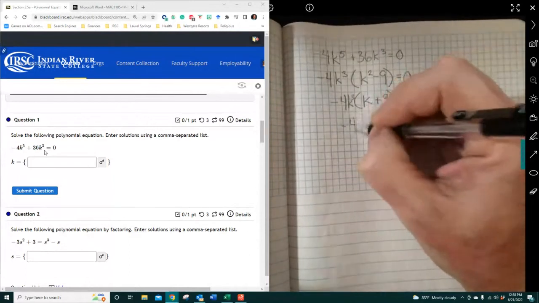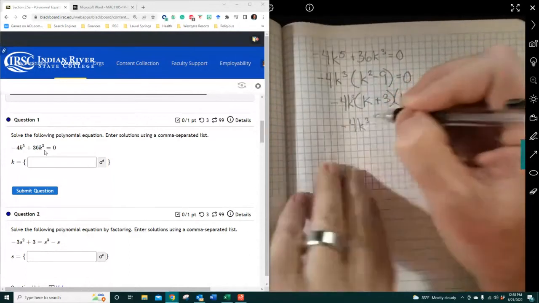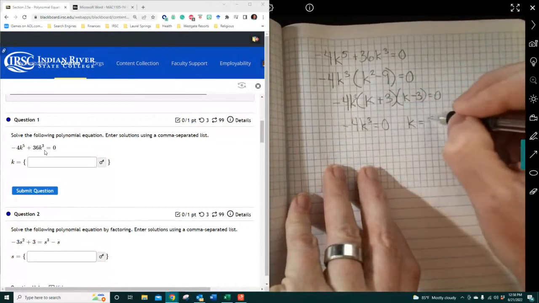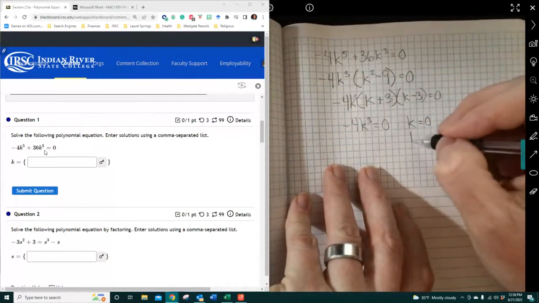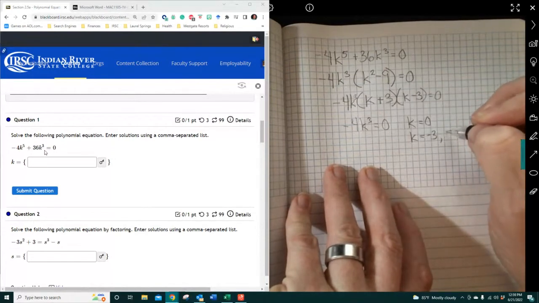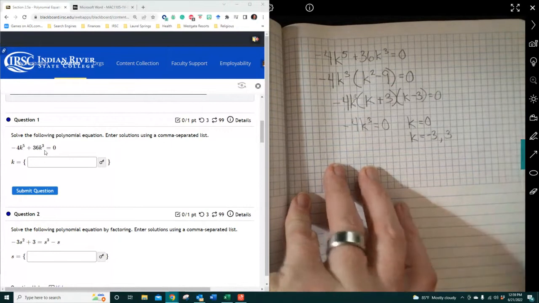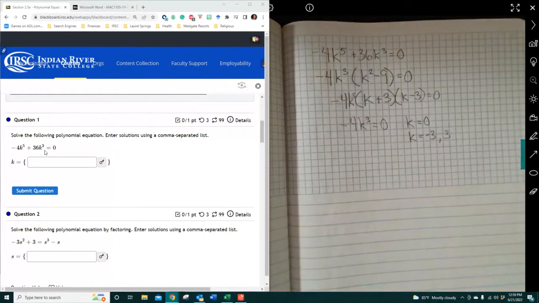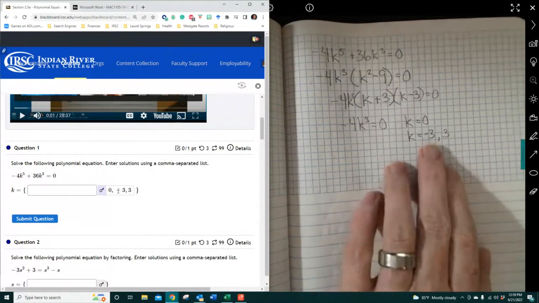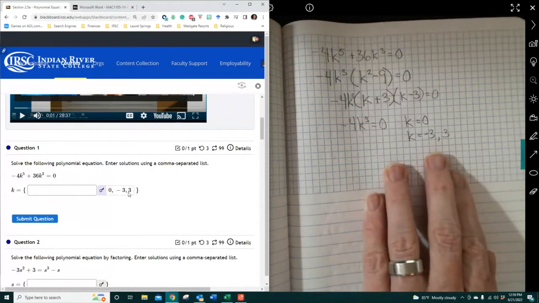So negative 4k to the third set equal to 0 means k is equal to 0. And then I have k equals negative 3, as well as k equaling positive 3. So there are our values for solving this, and we're kind of done with this problem. You can see the 0 and then the plus or minus 3.